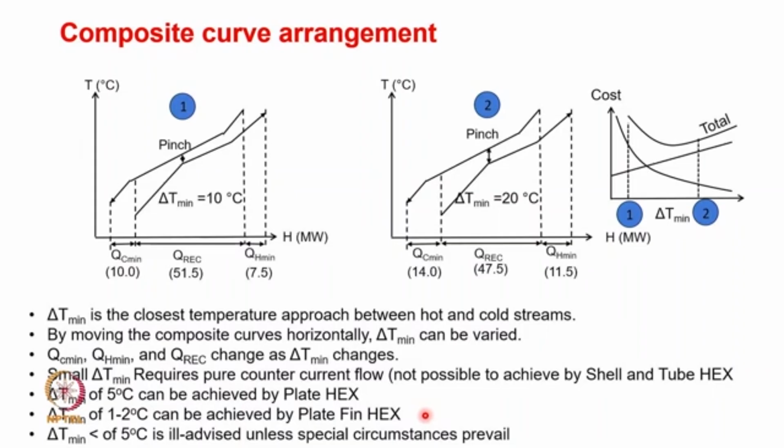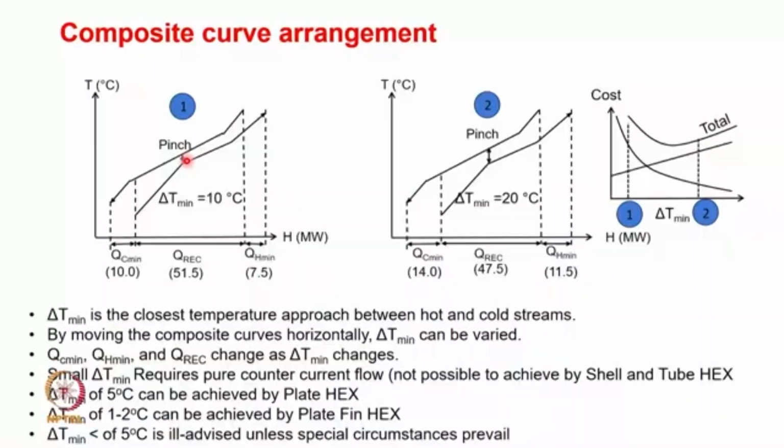And considering the operational practicalities, typically we limit the delta T min to 5 degree C, and anything below 5 degree C is ill advised. So it's not very easy to realize in practice.